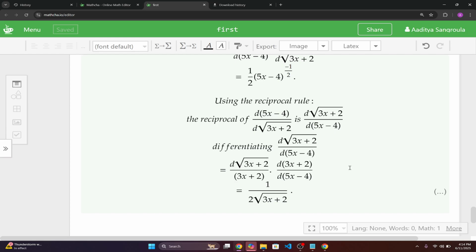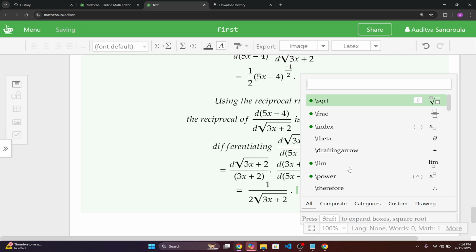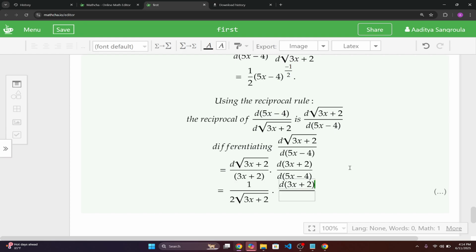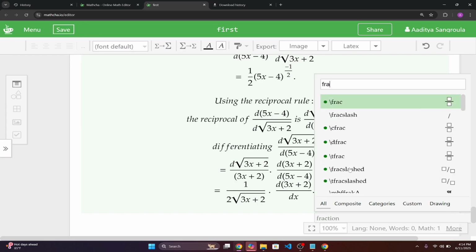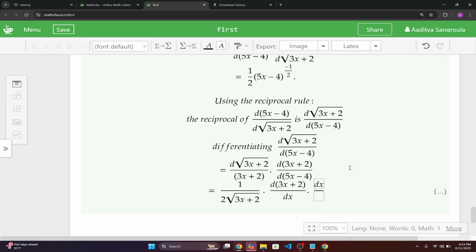Now we will use the chain rule to differentiate that. So dx plus 2, over dx dot dx over d 5x minus 4.